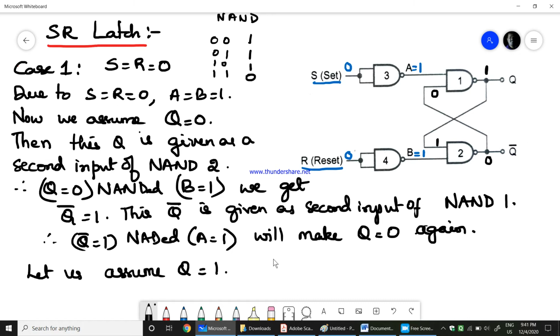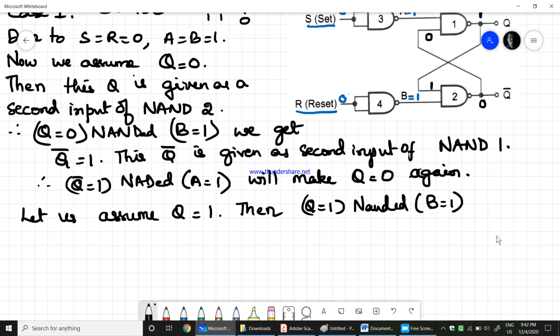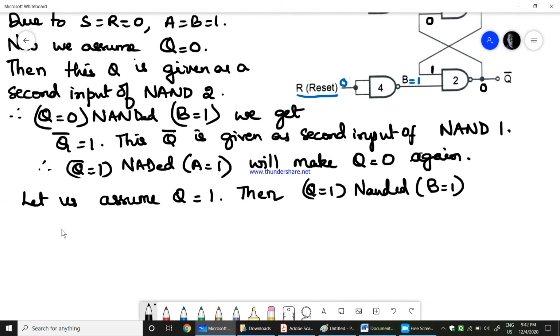So let us assume Q equals 1, then Q equals 1 NANDed with B equals 1, then we get Q bar equal to 0.